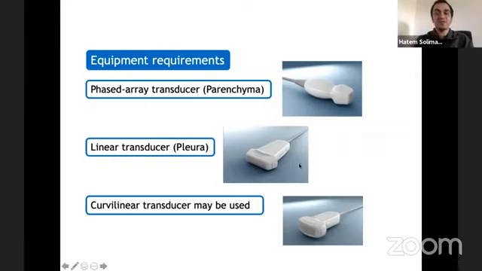And the other probe is the linear probe, which is the high frequency probe, very good in seeing the pleura and looking at the pleural health and checking if there is any irregularity, any pleural thickening, or the presence of subpleural consolidation, which is an important finding in patients with pneumonia in general, especially in viral pneumonia and COVID-19.